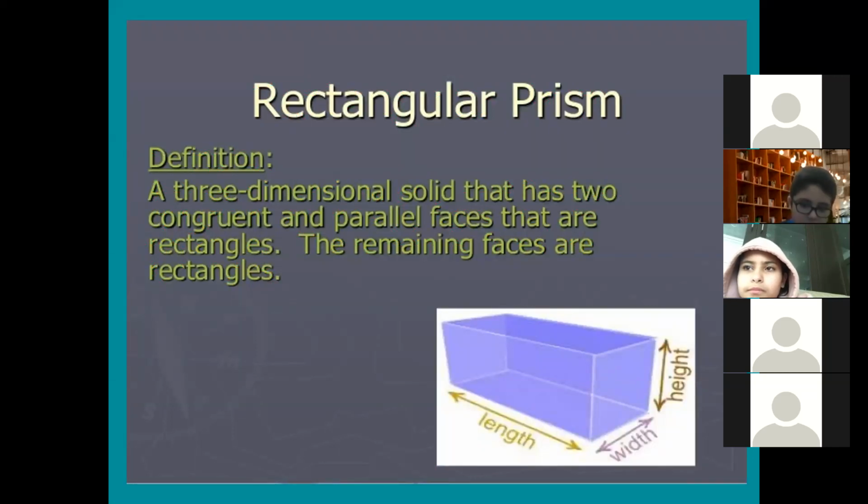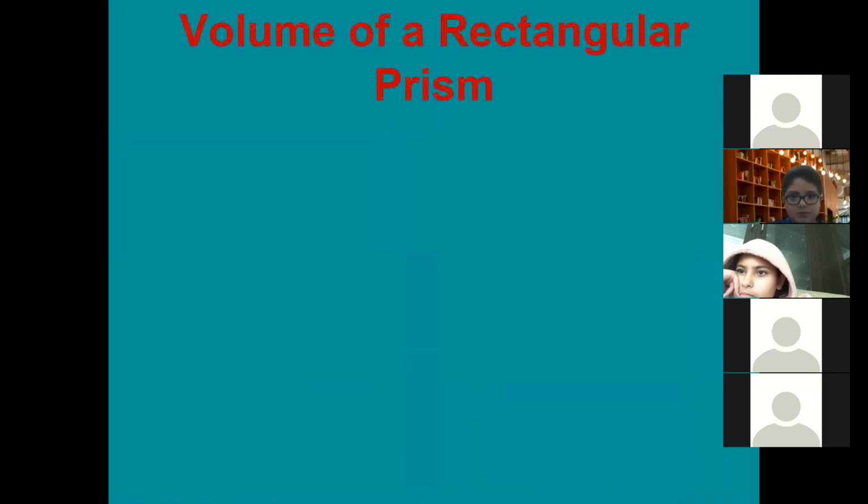In a rectangular prism you can measure the length along a side, then you have the width and also the height. Clear?